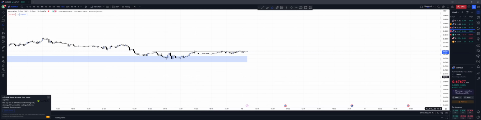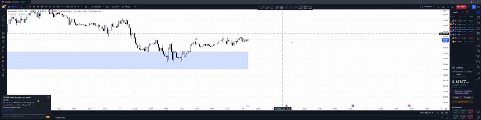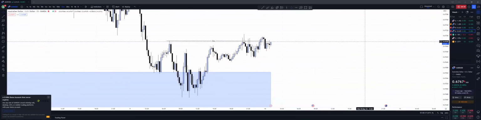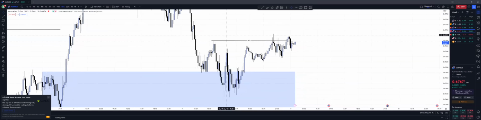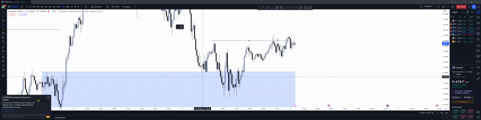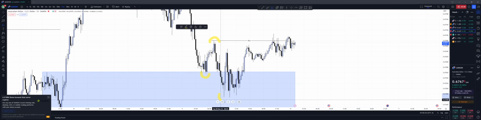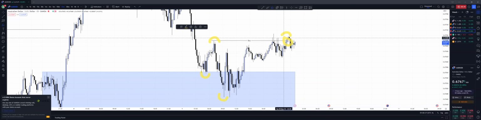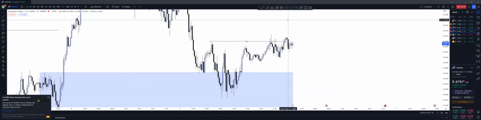Now in 15 minutes, I went down to 15 minutes to see what price would be doing, how it would be reacting and all that. And so price gave me a break of structure here because this was my last low, my last high, and then this was the last low formed, and then it took out this high, and it broke with a body, meaning if the candlestick breaks with a body, it means that it's confirming that the trend is strong.